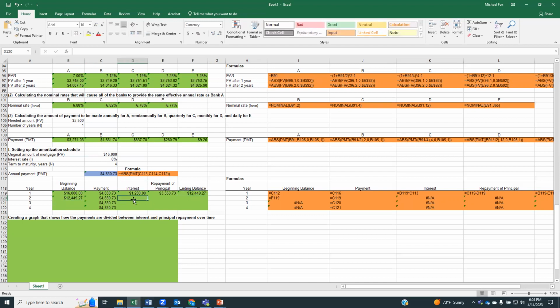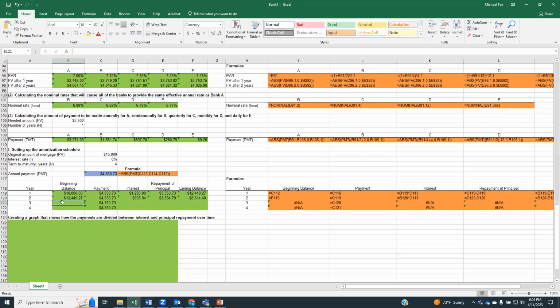Then we'll find our interest by saying this equals the balance of that year times the interest rate. Our repayment of principal will be the total payment minus the amount that is interest. And our ending balance will be the beginning balance from that year minus the repayment of principal for that year.